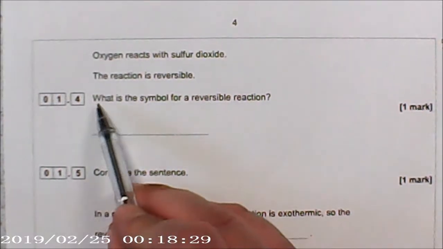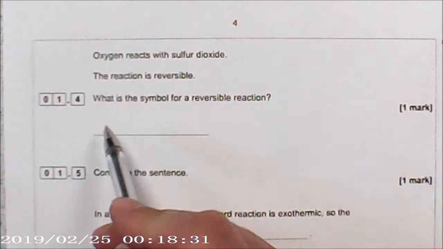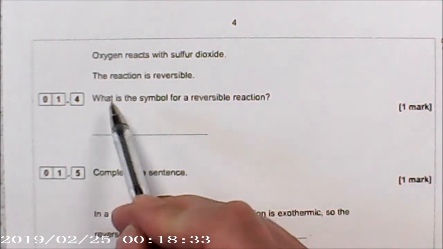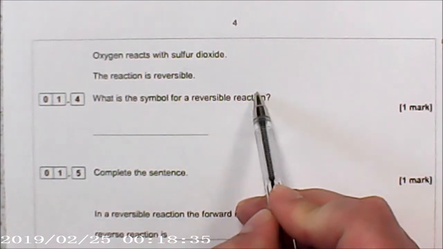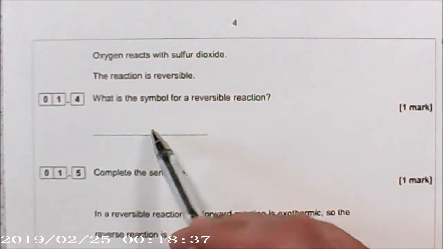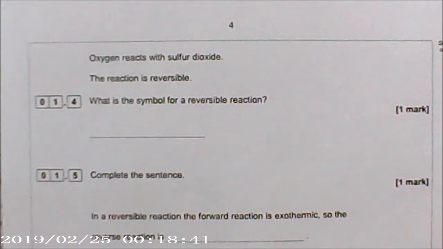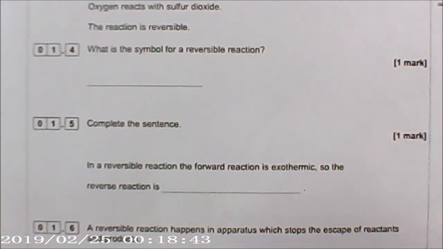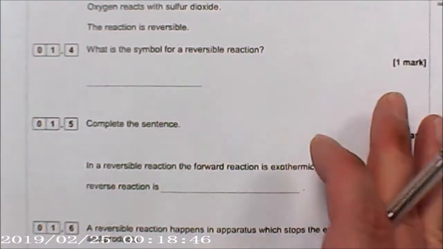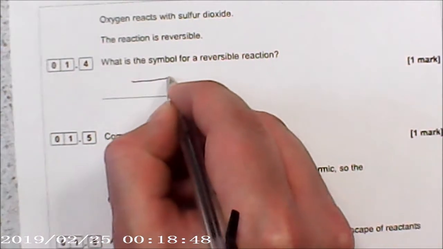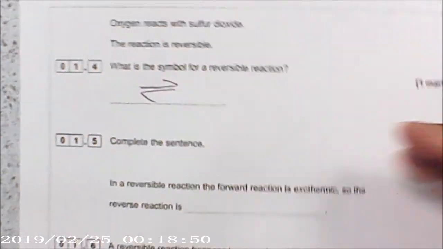So do be aware of that, and make sure, I know that this one's a quite straightforward one, but sometimes they then ask a completely random question and people get confused. So make sure you very carefully read the question. It's only worth 1 mark, so it's only going to be a simple thing that you have to do, and in this case it's just going to be regurgitating that symbol.